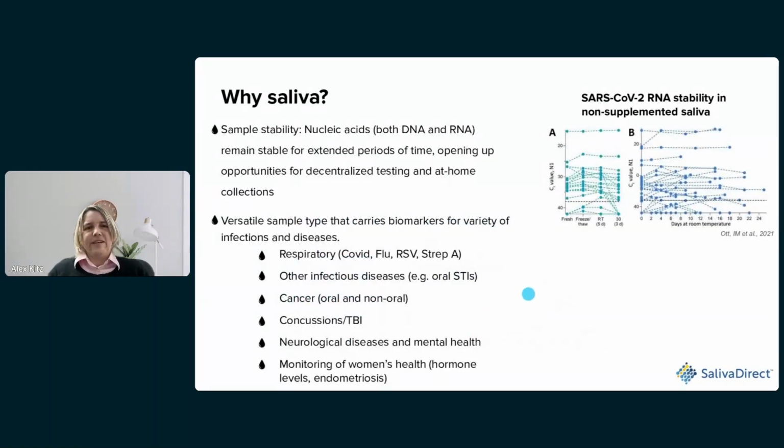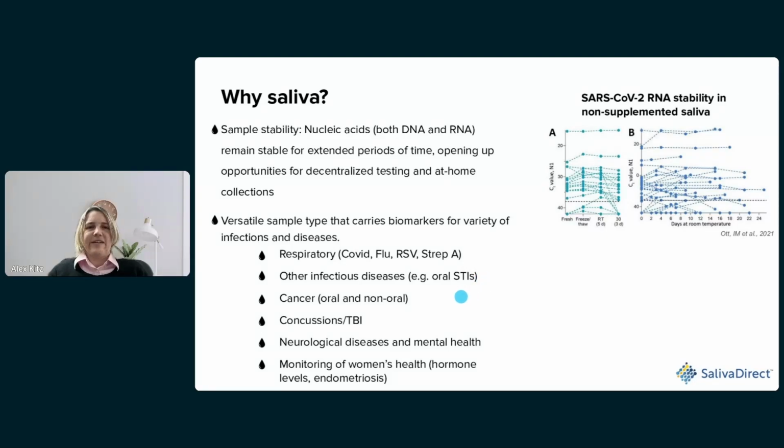Additionally, most recently, or over the last 20-25 years, it's been shown that saliva is a very versatile sample type that carries biomarkers for a variety of infections and diseases. For example, we have evidence that respiratory diseases can be detected in saliva, such as COVID, flu, RSV, and strep A, but also other infectious diseases like oral sexually transmitted infections.